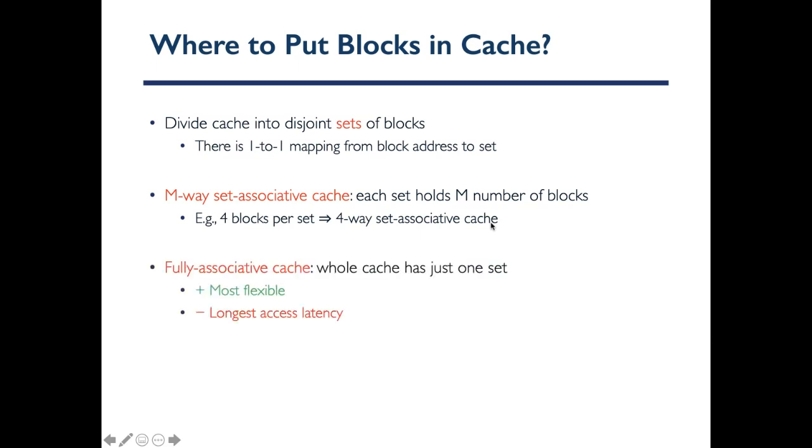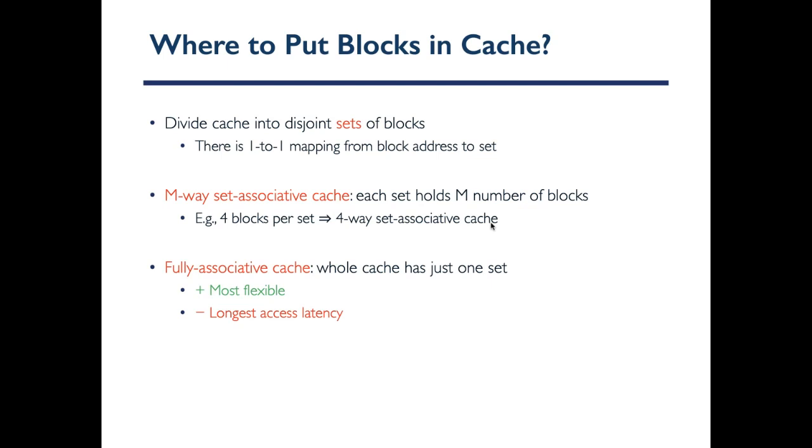You might have a fully associative cache. What does that mean? It means that your entire cache has only one set, and that one set basically has all the blocks in it. If you have a fully associative cache, it's very flexible because now every block could go anywhere in your cache.